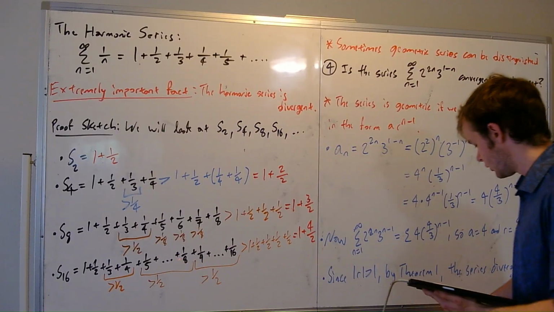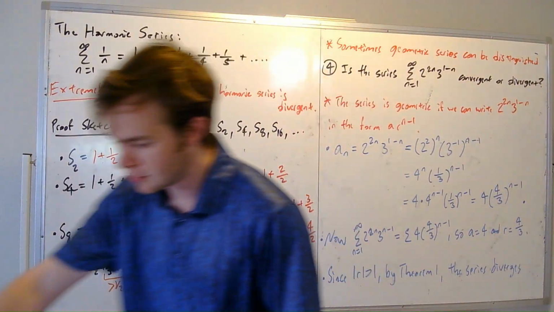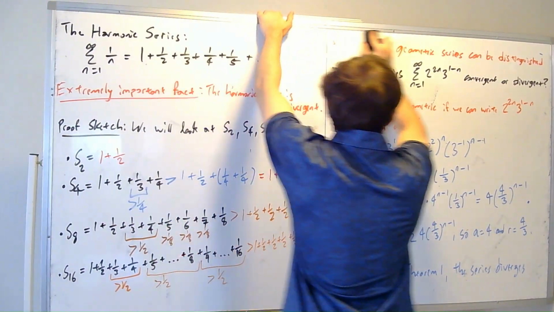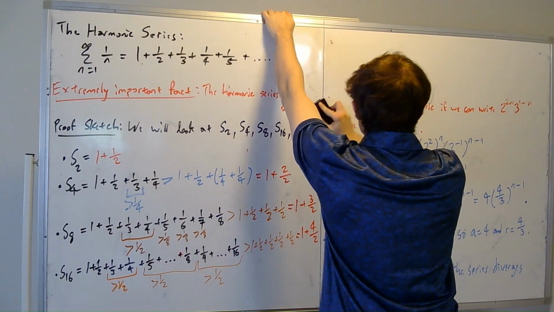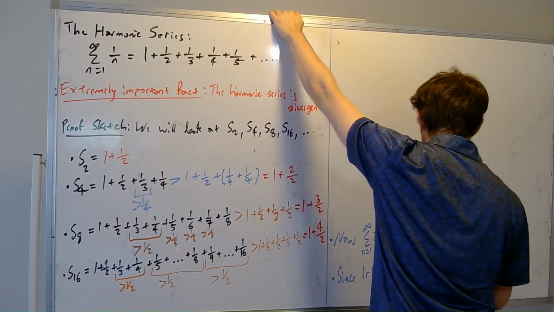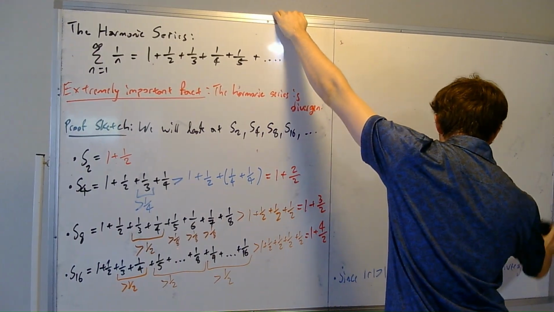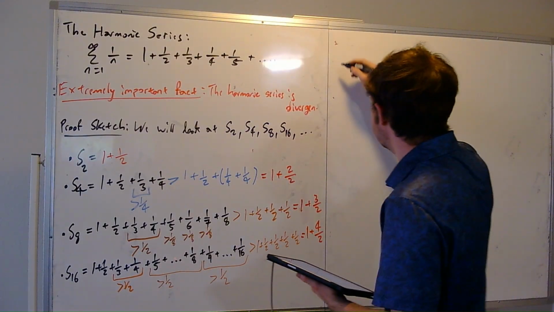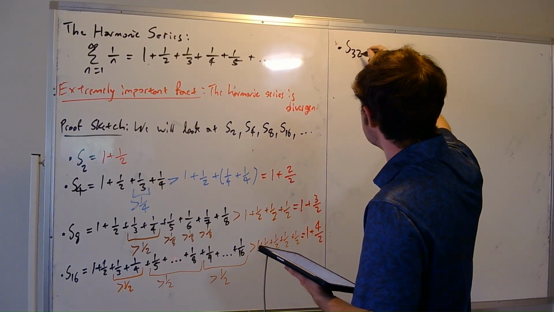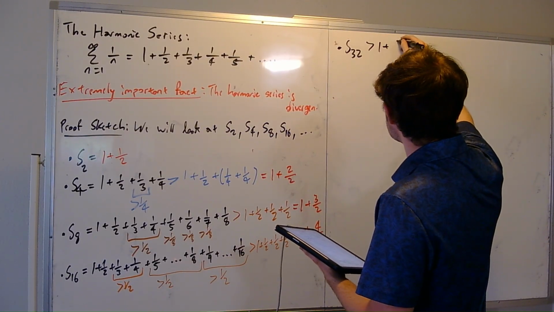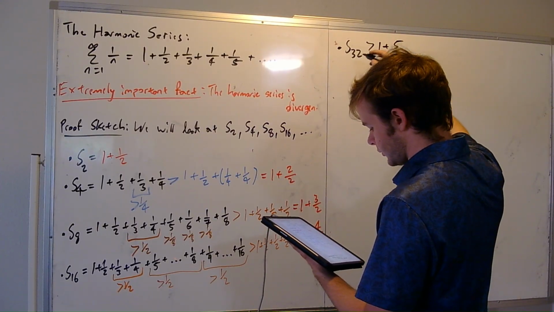And we're just going to keep doing this. So I'm not going to write out all the steps because we've already written out quite a few steps here. Let me erase this. So the next thing here would be S32, which is going to be greater than 1 plus 5 over 2.